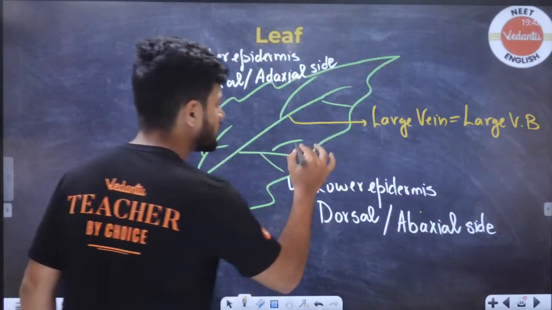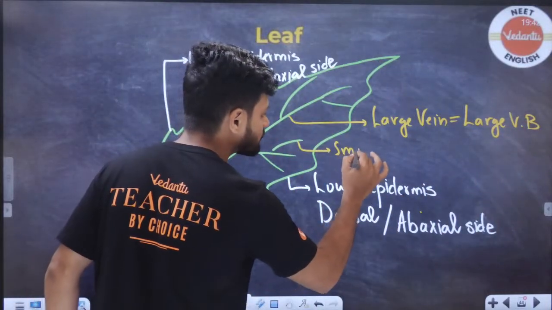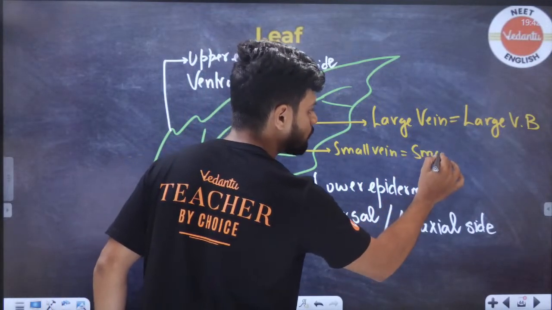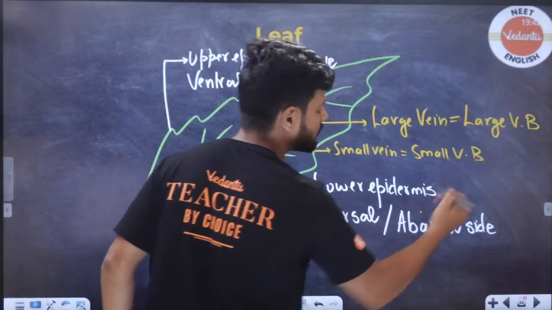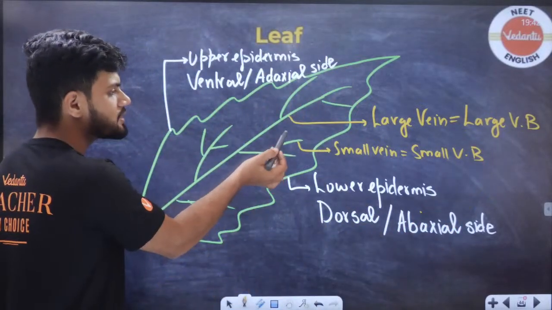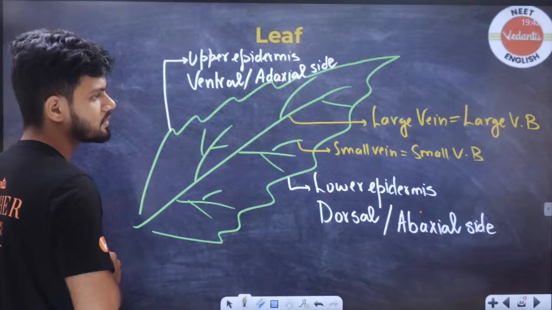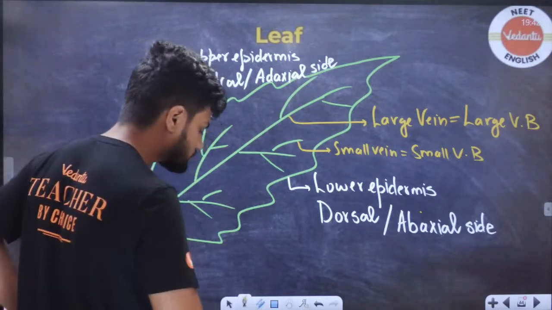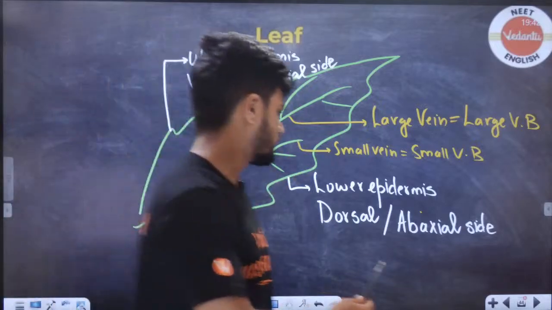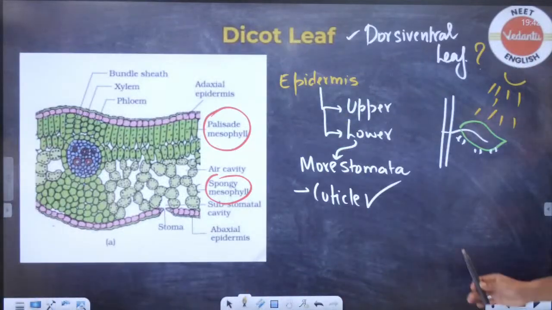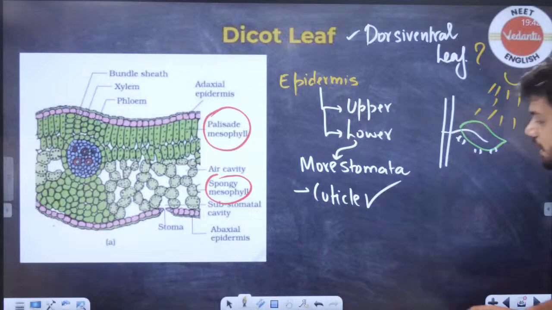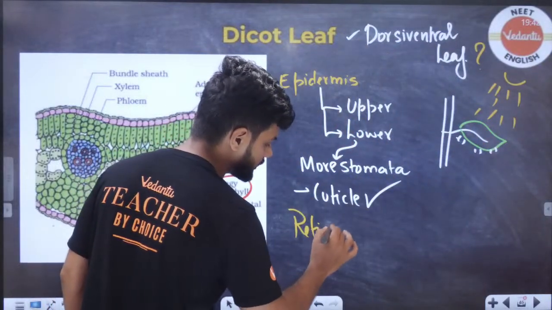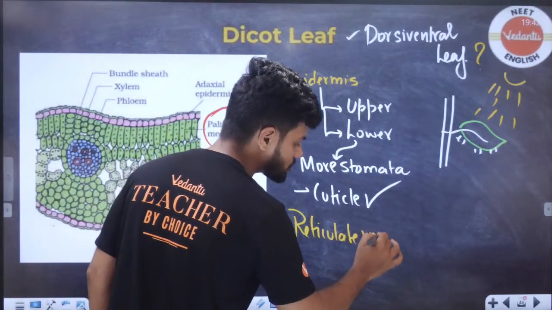Here we have a small vein equal to a small vascular bundle. Since it's a dicot, we are talking about a dicot here. It will usually show reticulate venation.